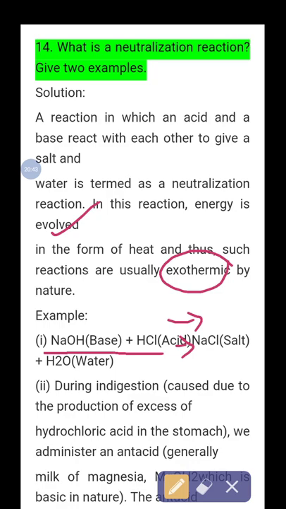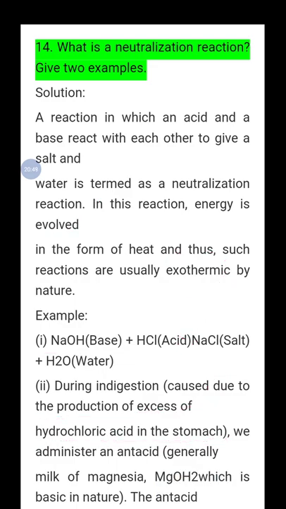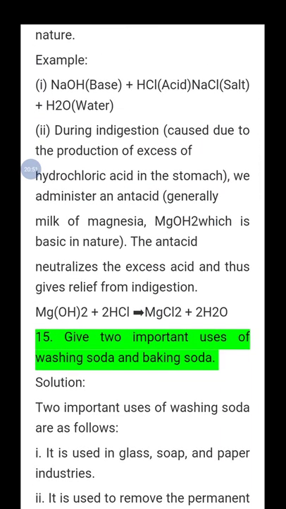During digestion, when excess hydrochloric acid is produced in the stomach, we generally administer an antacid, which is milk of magnesia. What is an antacid? It is used to reduce the acidity of our stomach.